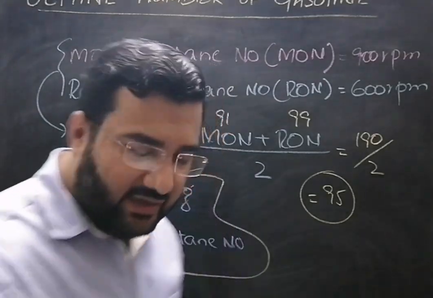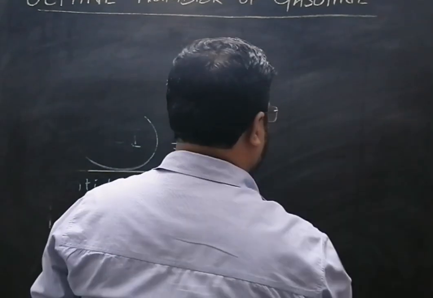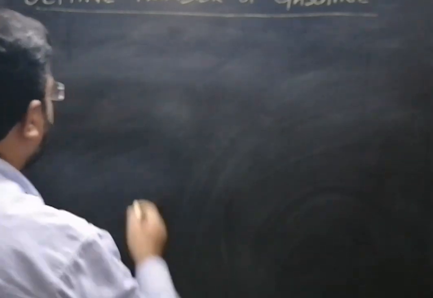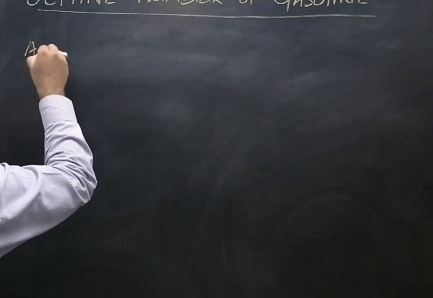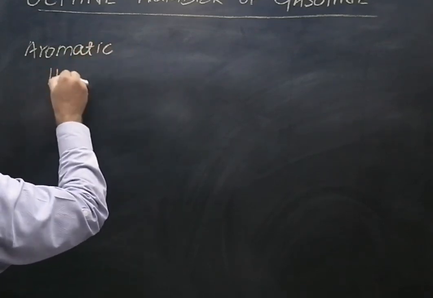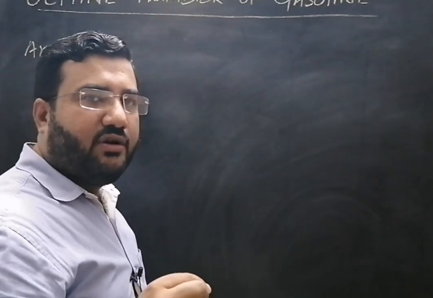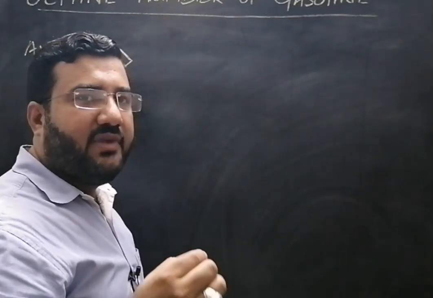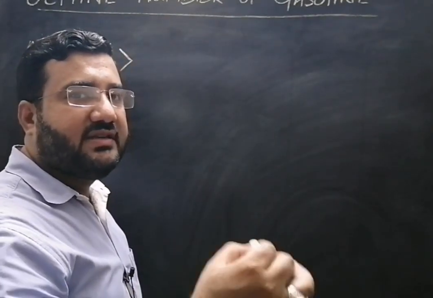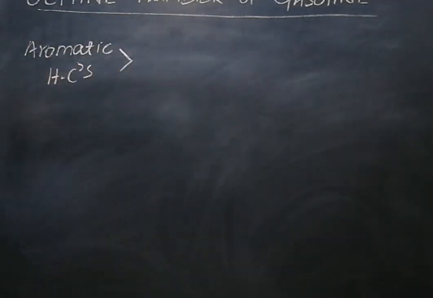Now let us finally look at the comparison of the octane number of the different classes of hydrocarbon. Keep in mind that octane number of aromatic hydrocarbons is maximum. When I say that octane number of aromatic hydrocarbons is maximum, it means they have maximum resistance to knocking or they produce minimum knocking in the test engine.